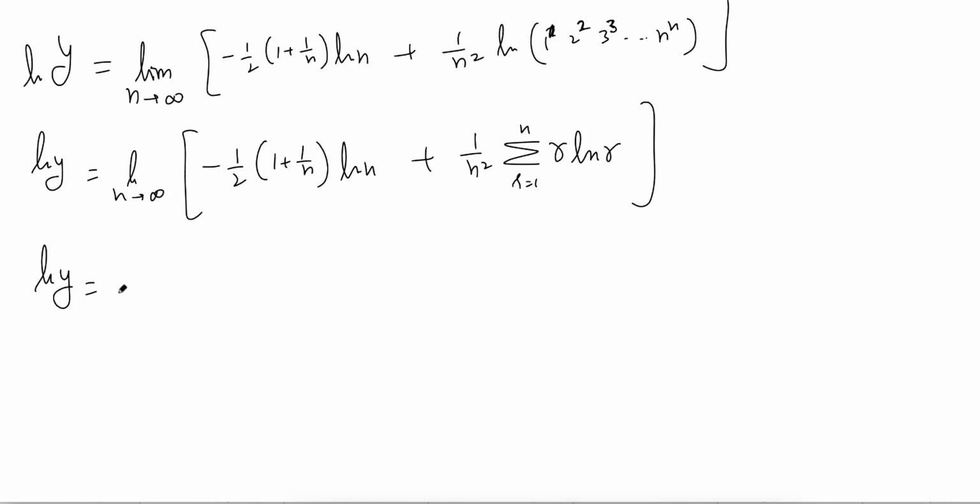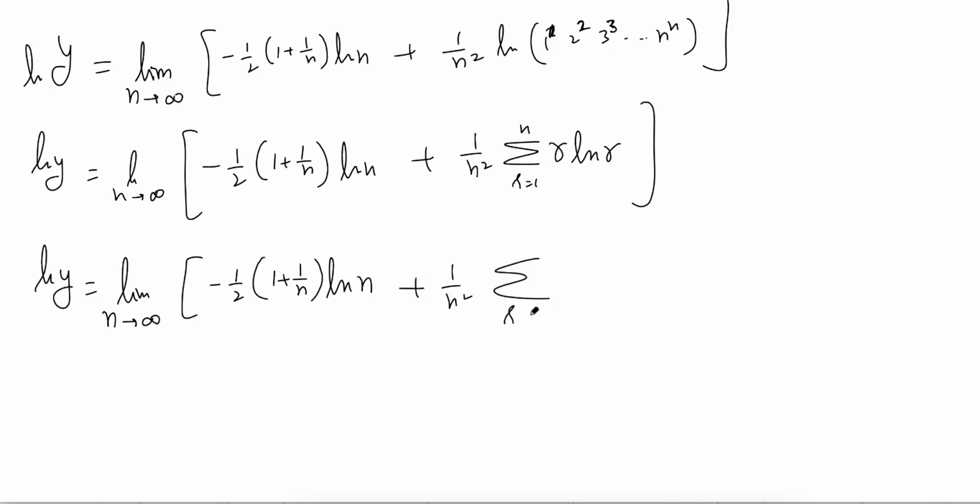So ln y equal to limit n tending to infinity minus 1 by 2, 1 plus 1 by n, ln n plus 1 by n square sigma r equal to 1 to n, r ln r. I subtracted r ln n. I hope you understood why. Because then only r I will take common, ln r minus ln n will become ln r by n.